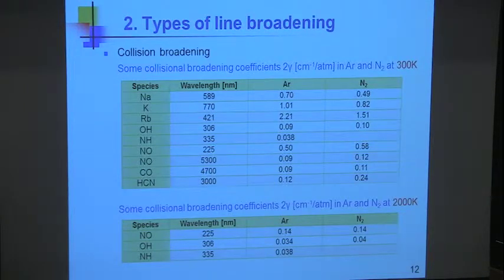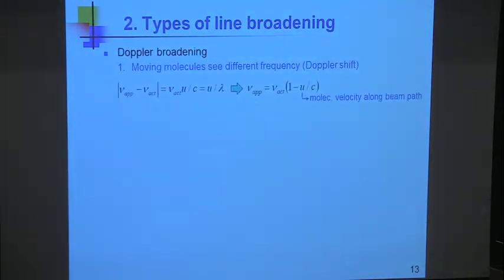So all of these things are molecule specific, and there's varying amounts of literature to look up if you need them. Go up in temperature, and the increased temperature diminishes the numbers. You can see how these things go for NO here, 0.14. It goes roughly like the square root of T. So it depends upon the wavelength and the collision partners.